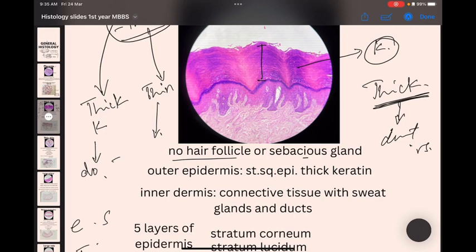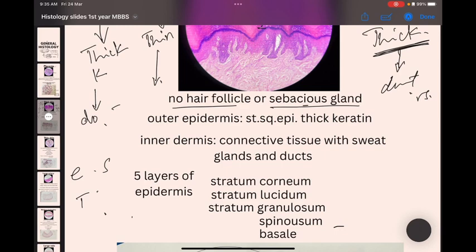If there is no hair follicle, there is no sebaceous gland. And then the outer epidermis: stratified means layers, squamous means squamous cells, flat cells on the outermost surface, with a thick keratin layer. That's all.